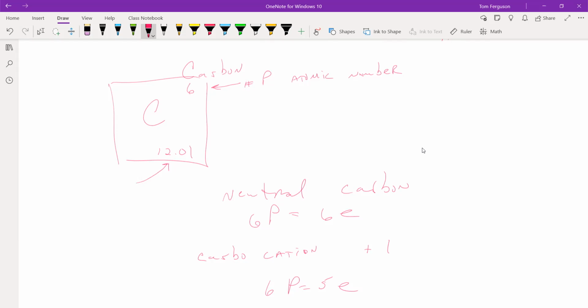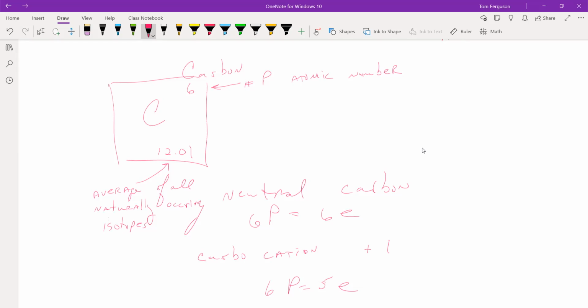The decimal number is the molar mass. I mentioned this yesterday. The molar mass is the average of all the naturally occurring isotopes of carbon.